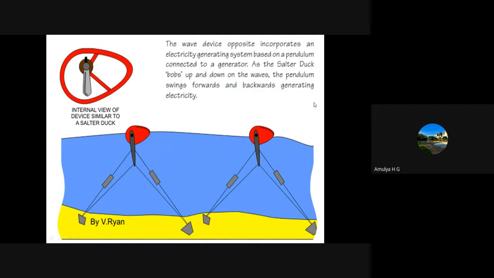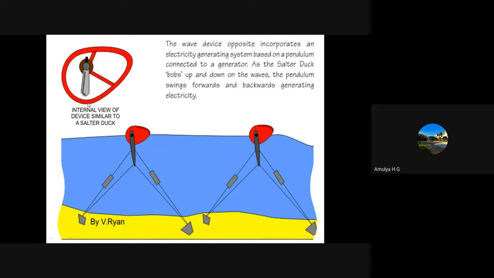Now you can observe how the hydraulic ramp connected to the Salter duck systems operates. This wave device operates to generate electricity based upon the pendulum connected to the generator.